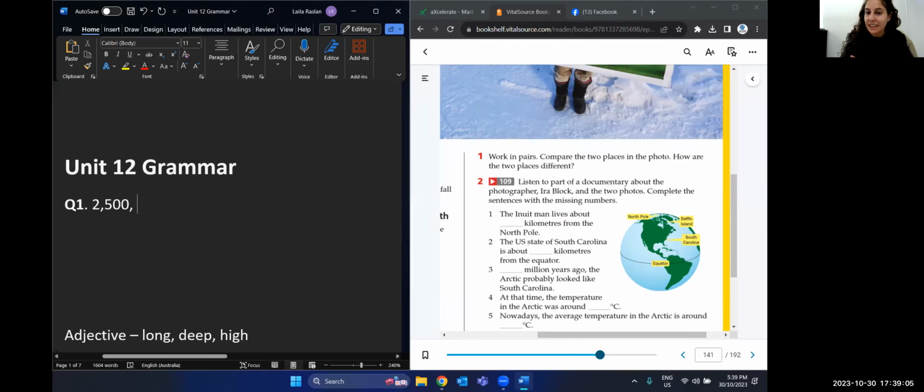The USA state of South Carolina is about 2016?